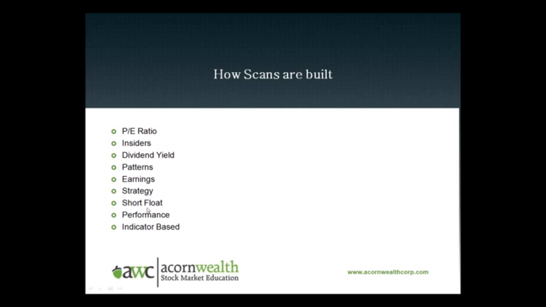Okay. So the difference is, when we're starting to build a scan, we want to identify qualities that can fill the backdrop to the stock, things that make the idea feasible. So conditions might be, for example, the price-to-earnings ratio. We might be looking for stocks that have that very highly speculated value. We might be looking at dividend yields, so maybe we're looking for stocks that are going to weather the storm better than others, and we're looking for longer-term investments. We might build dividend yields into the scan.